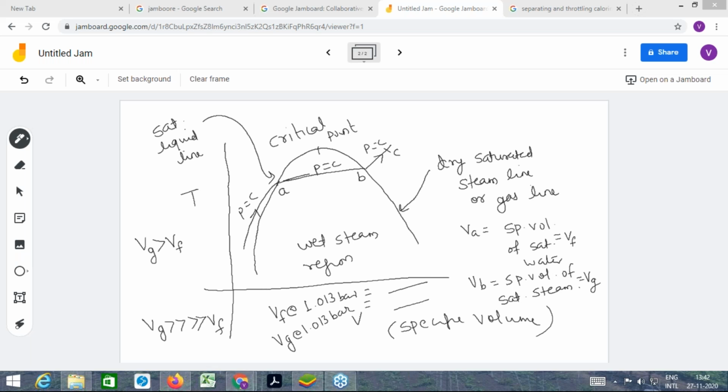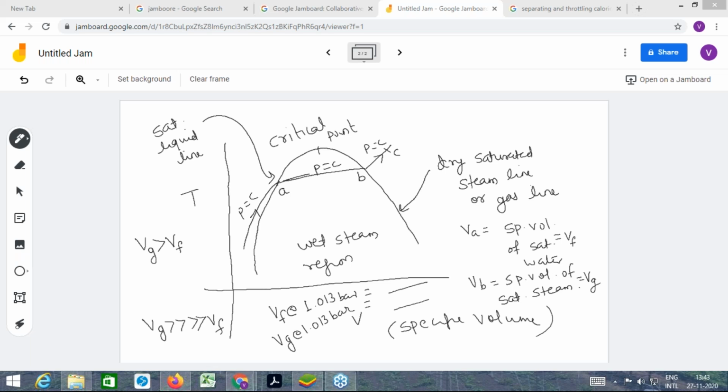So there is a tremendous expansion, and you can see the order by how many times this is increasing. So VF is around 0.001 and VG is around 1.67. So you have to appreciate that this is what is happening when you have a conversion.